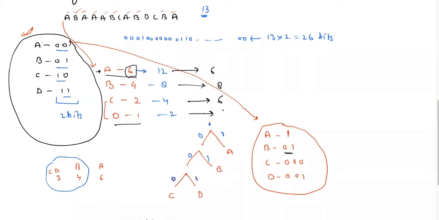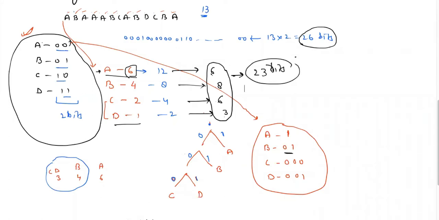Similarly, we are using 3 bits to represent all the D's. So the total number of bits is 6 plus 8 plus 6 plus 3. It's 23. So instead of using 26 bits, now we are using only 23 bits.